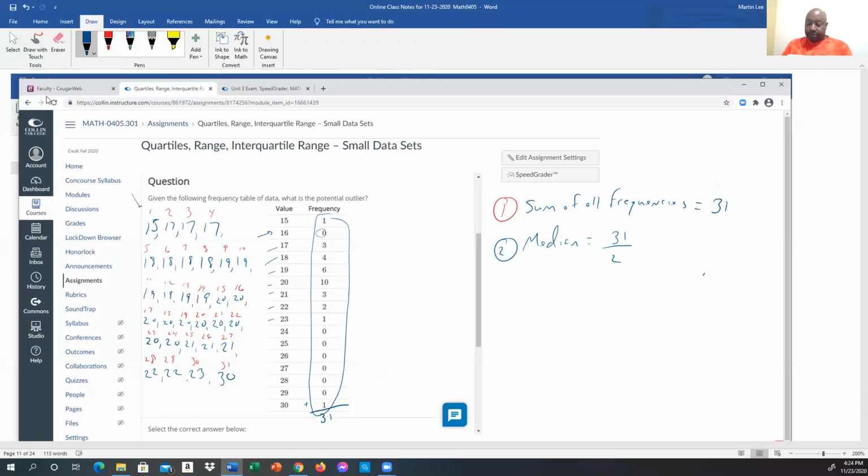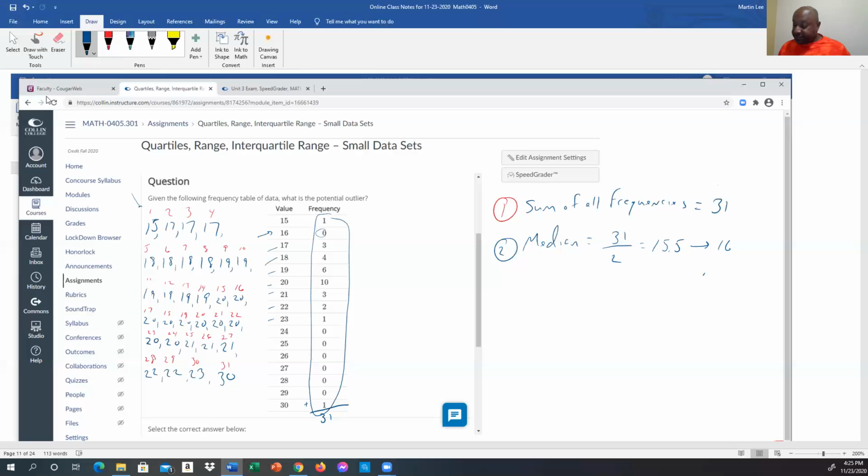So 31 divided by 2 equals 15.5, and 15.5 rounded to the next integer is 16.